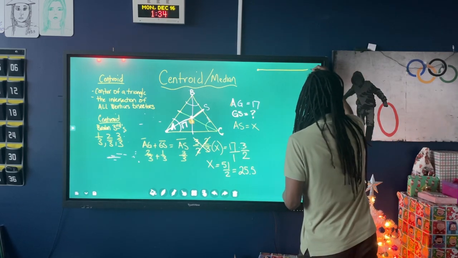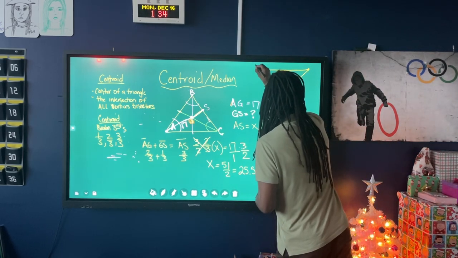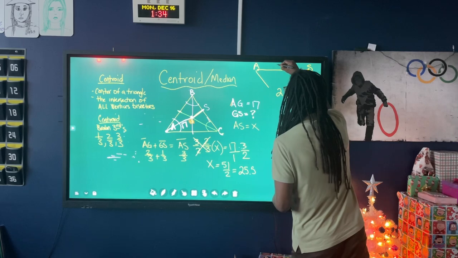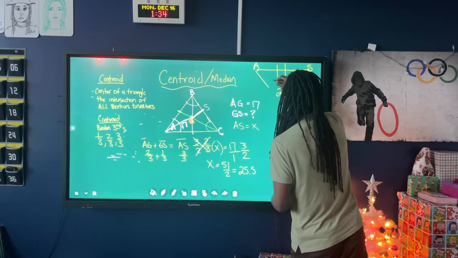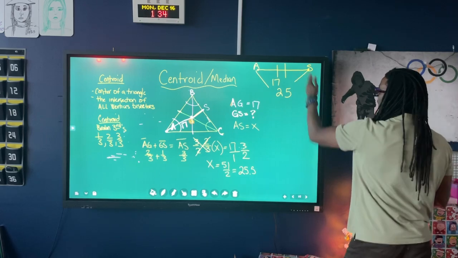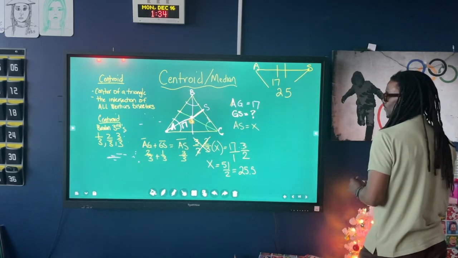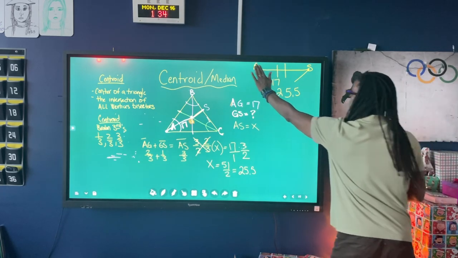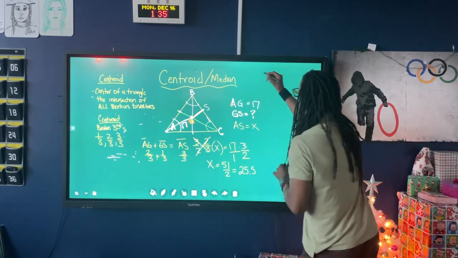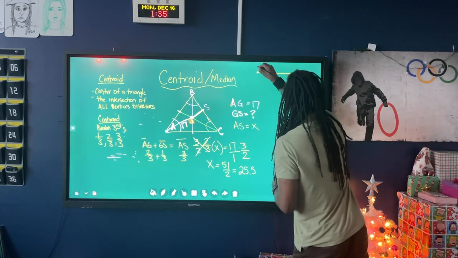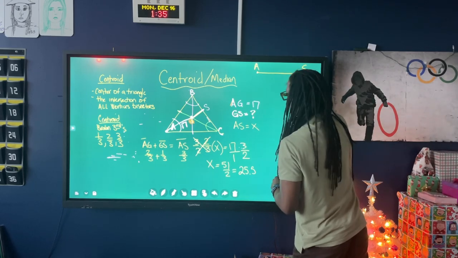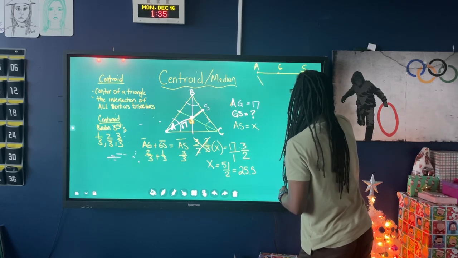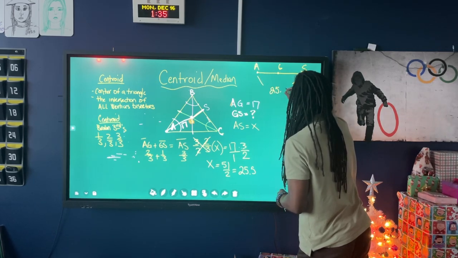So if the entire length from A to S is 25.5, and you just told me that 2/3 of it was 17, how would I find GS? This looks just like divided line segment. This entire length is 25.5.